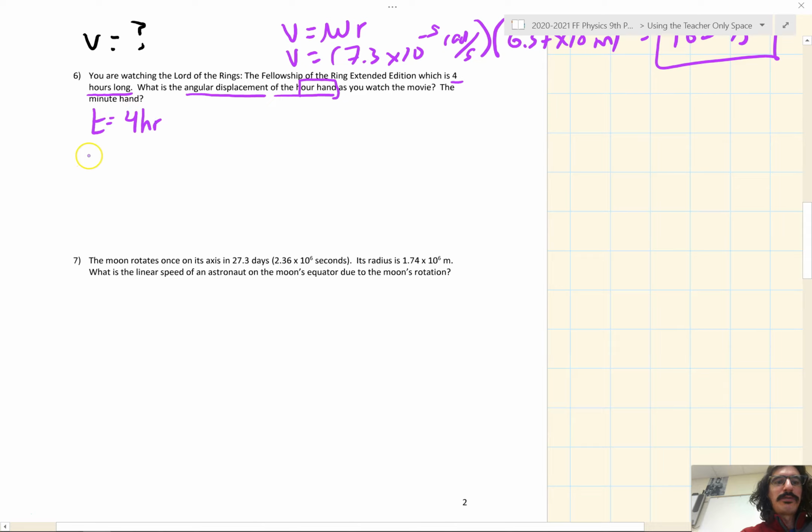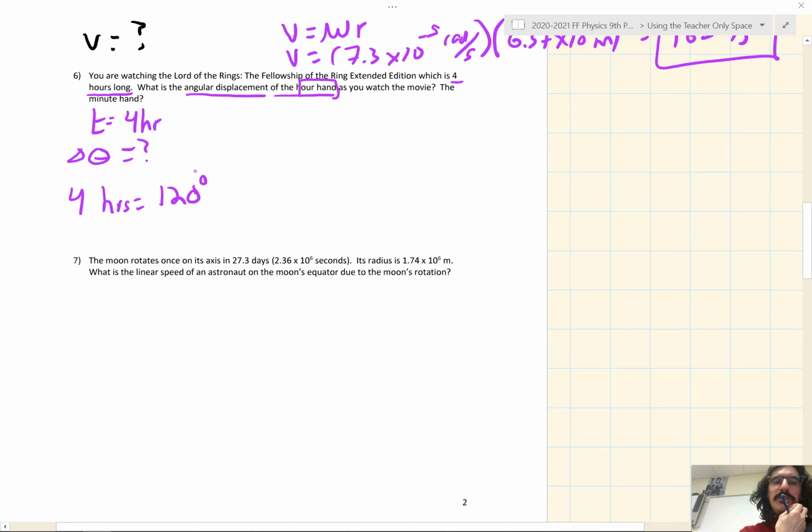And what we want to find first is the angular displacement, delta theta, for the hour hand. For 4 hours, the hour hand is going to rotate 1/3 around the clock. 1/3 of a circle is 120 degrees.